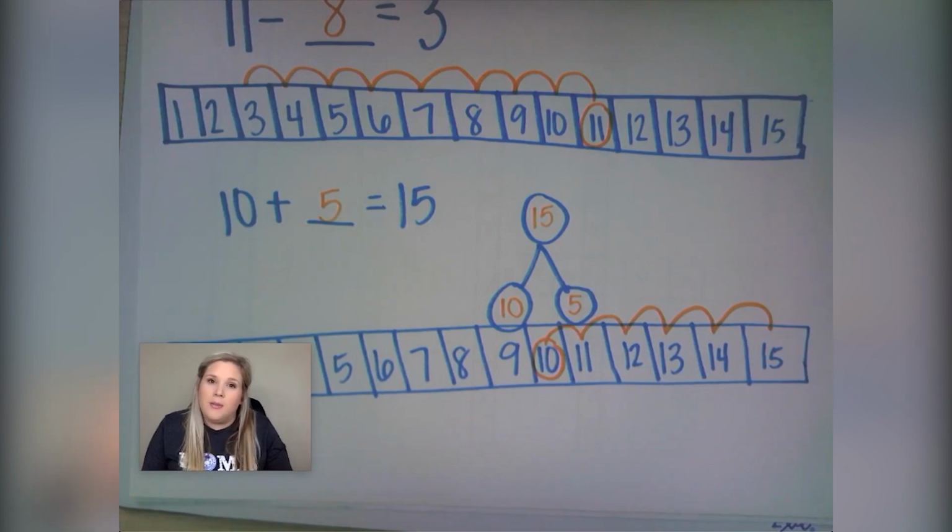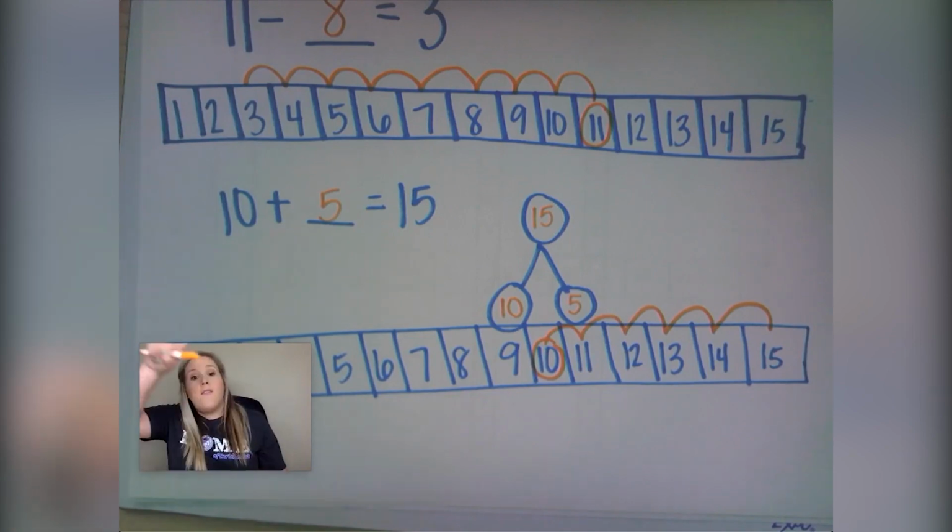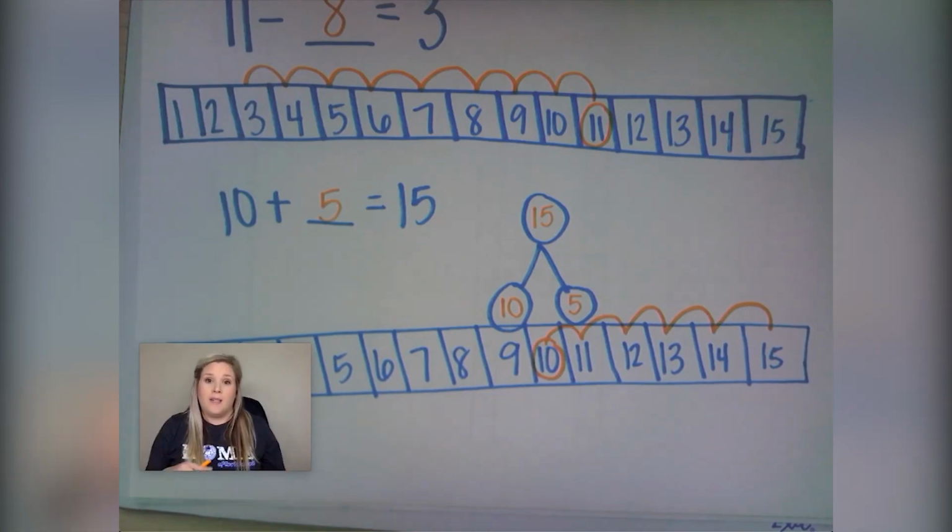How many of you were able to know that if we were counting by 5s, going from 10 to 15, we would just need 5 more? Excellent. If we wanted to draw one big jump from 10 to 15, because we know that if we were counting by 5s, 5, 10, 15 would be the next number we said, we could have done that.